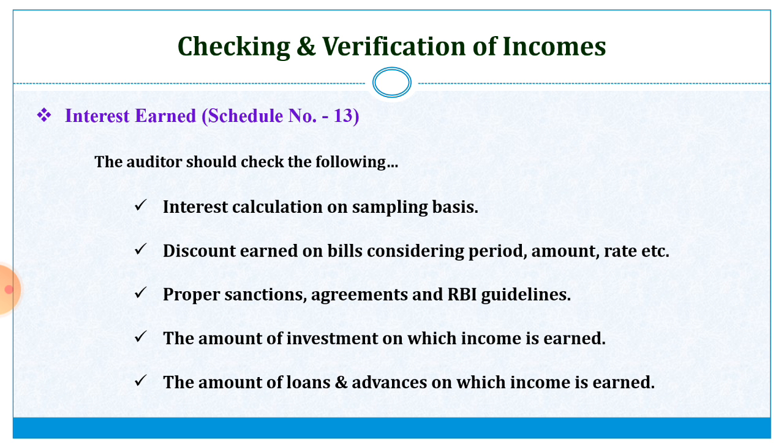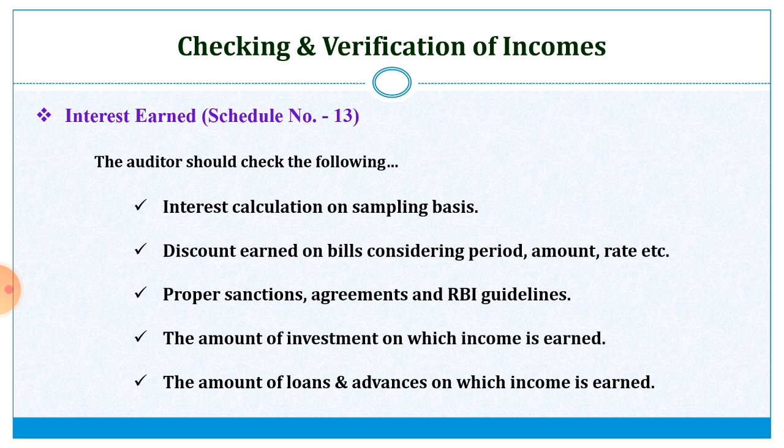Next one, the auditor should check the amount of loans and advances on which income is earned. It means that he should check schedule number 9, because schedule number 9 is related to the loans and advances, cash credit and overdrafts given to the public, and the loan taker gives interest on that particular loan.